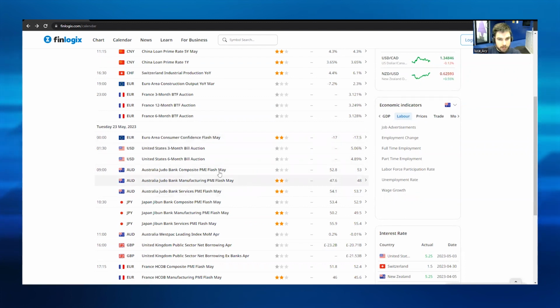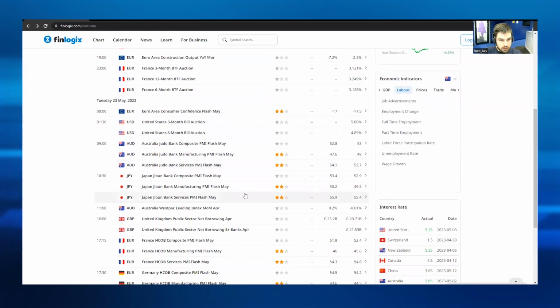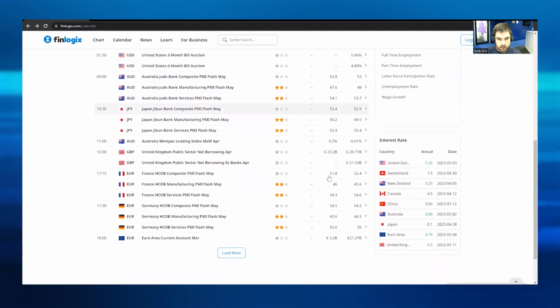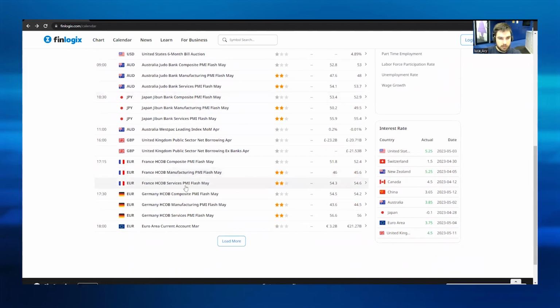Australia Judo Bank PMI flash: we're going to have manufacturing and services flash PMI. The higher the number here as well, the better for us. We're expecting a decline from the previous month in one, and an up move of 1.6 in the other. Then Japan manufacturing PMI and services PMI at 10:30.